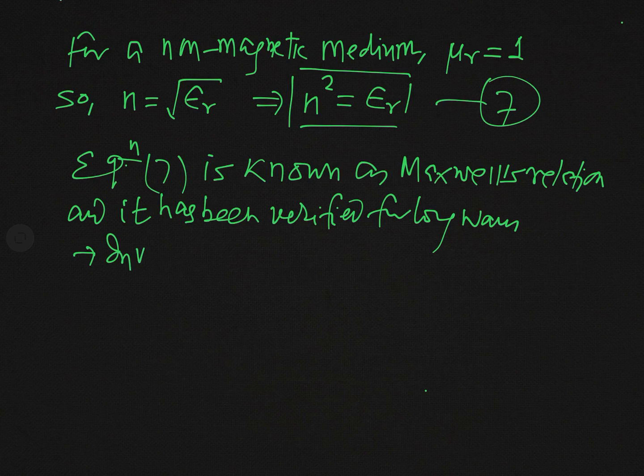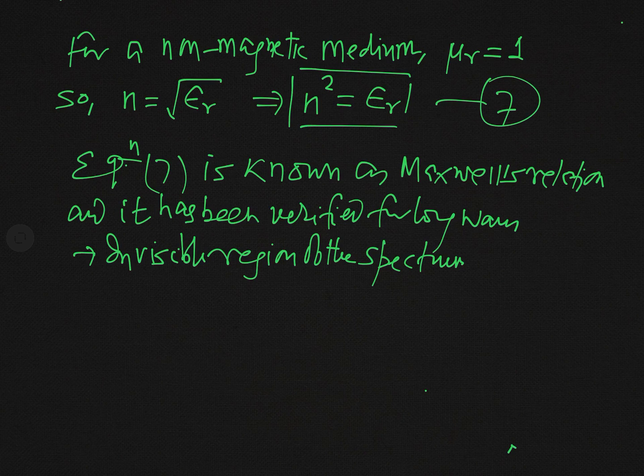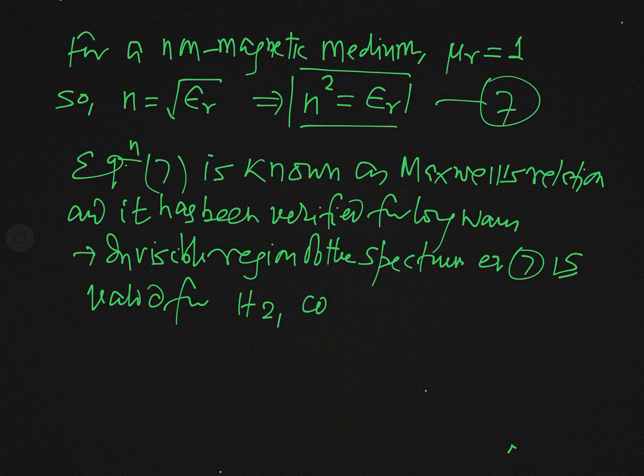So in the visible region of the spectrum, equation 7 is valid for H2, CO2, N2 and O2.